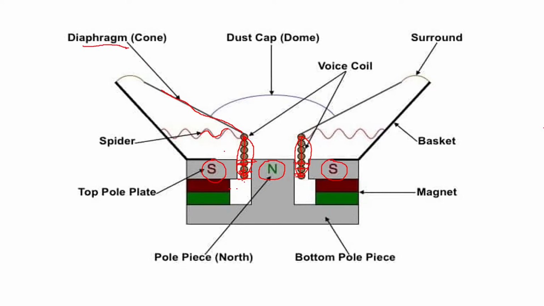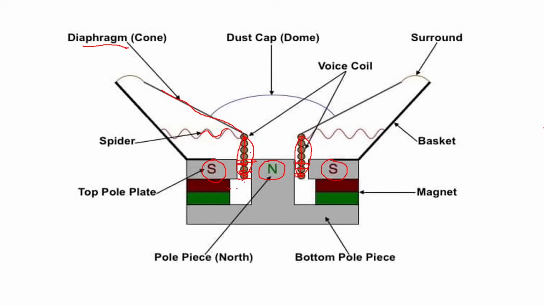Now, as the coil vibrates depending upon the input electrical signal, a change in that electrical signal will change the electromagnet of the coil, and that magnet will start aligning with the permanent magnetic field.